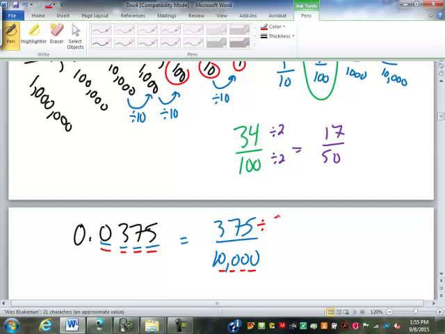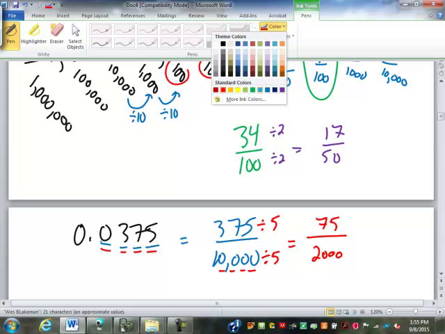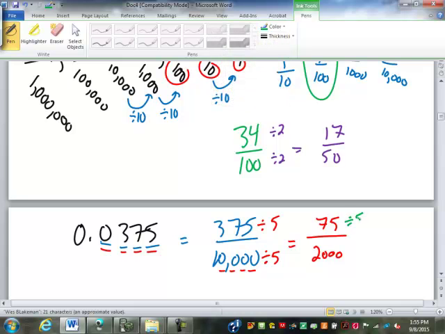To reduce it, we can divide by 5. Very good. Which is going to give us 2,000 on bottom and 75 on top. Now what? Divide by 5 again. We'll have 15 and 400. And of course, dividing by 5 one more time gives us 3 over 80. So 0.0375 is 3/80ths.